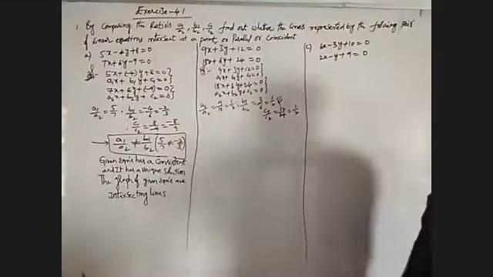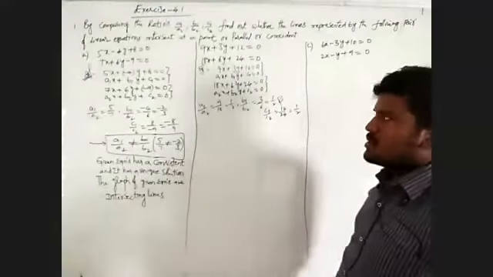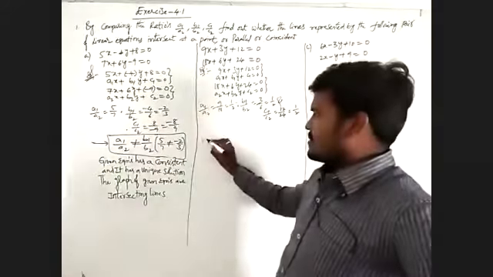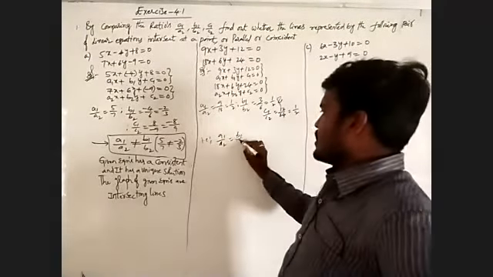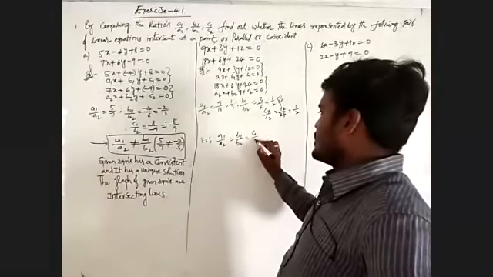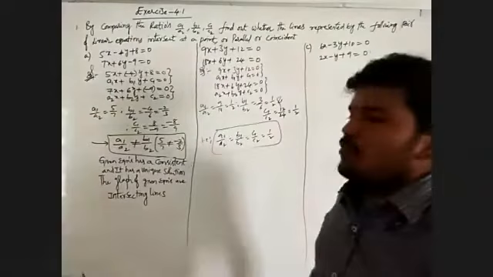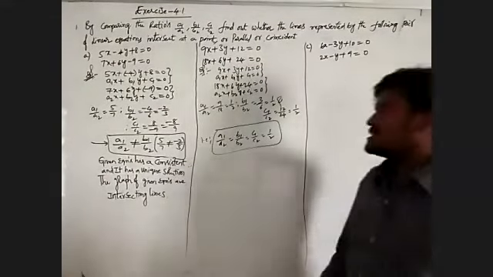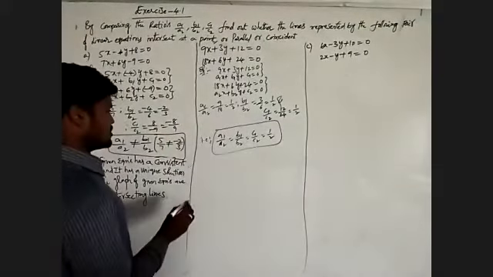We observe a1 by a2, b1 by b2 and c1 by c2 are all 1 by 2. That means a1 by a2 is equal to b1 by b2 is equal to c1 by c2 is equal to 1 by 2.